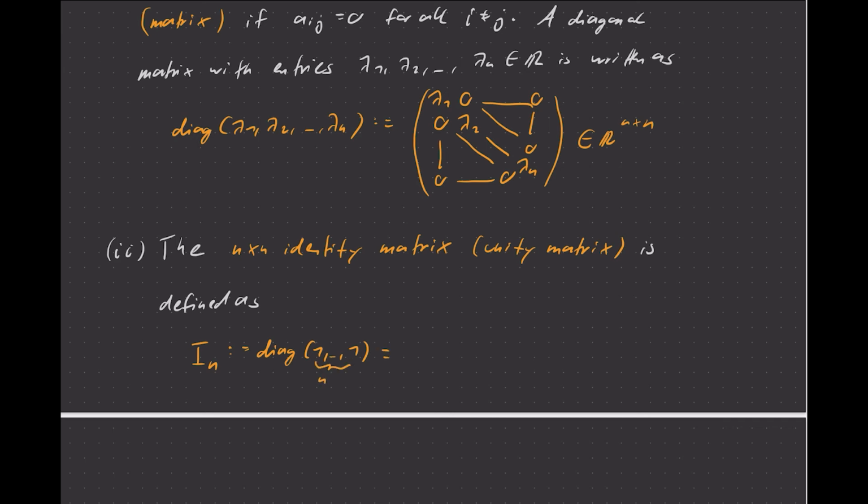So in other words, ones on the diagonal and zeros everywhere else, like this. Yeah, so that's a matrix in n by n.